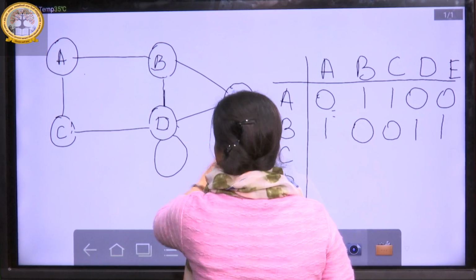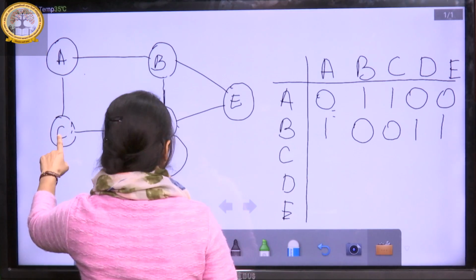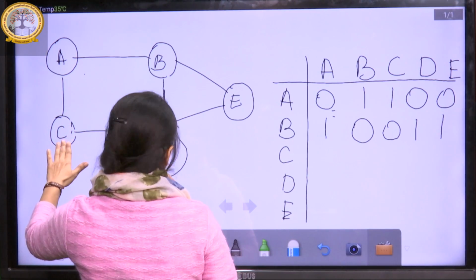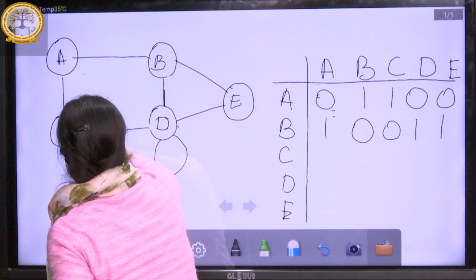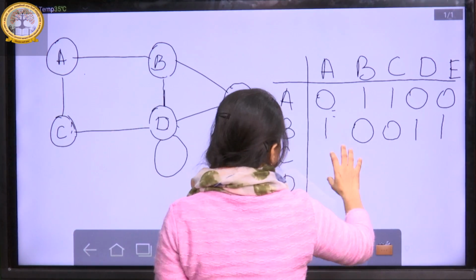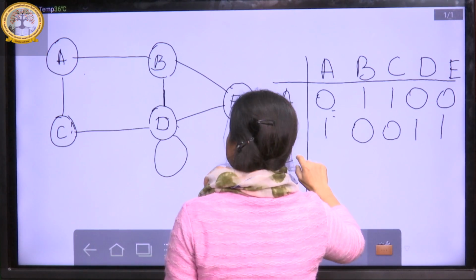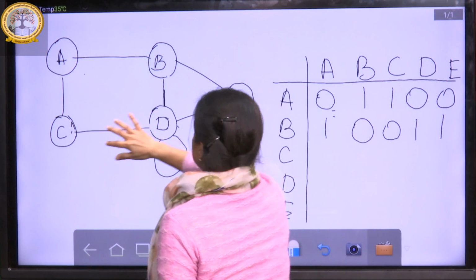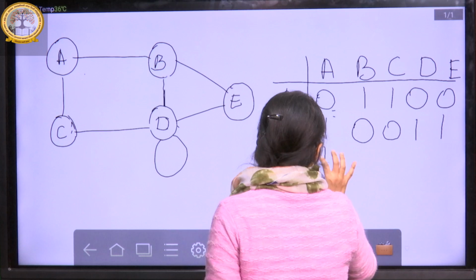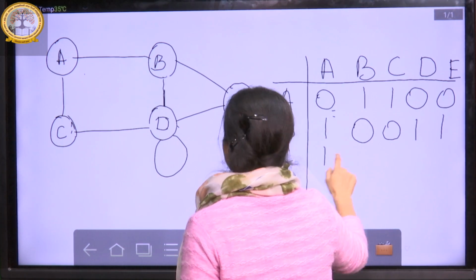Now consider node C, and we are going to fill this adjacency matrix corresponding to node C. From C, is there any edge to A? Yes, there is an edge. From C to B?